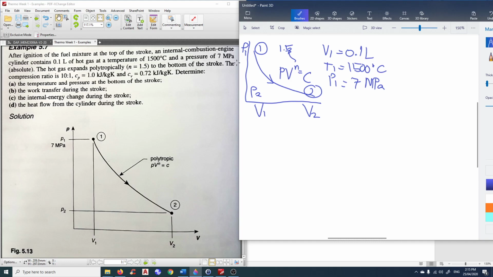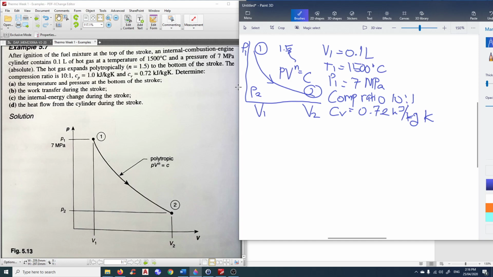To the bottom of the stroke, the compression ratio is 10 to 1. It's given the gas Cv, or gas constant, is 0.72 kilojoule per kilogram Kelvin.